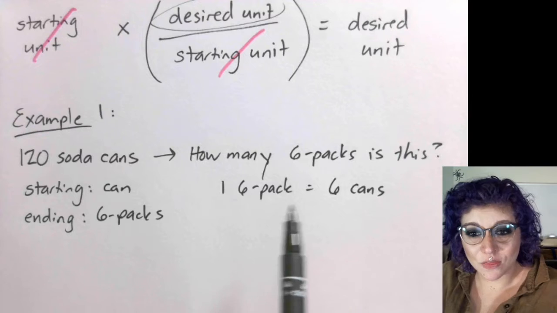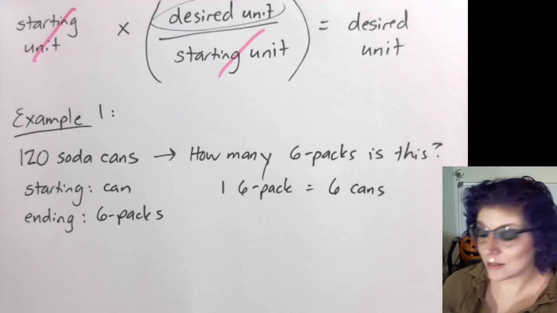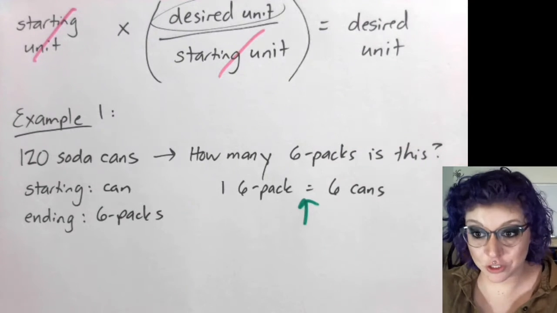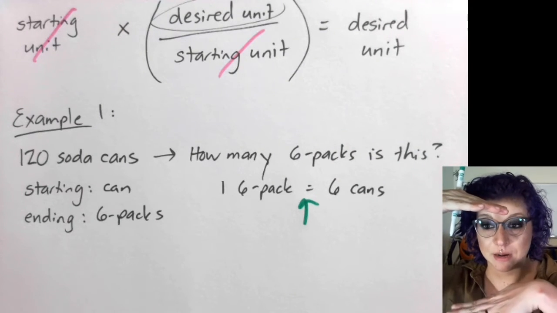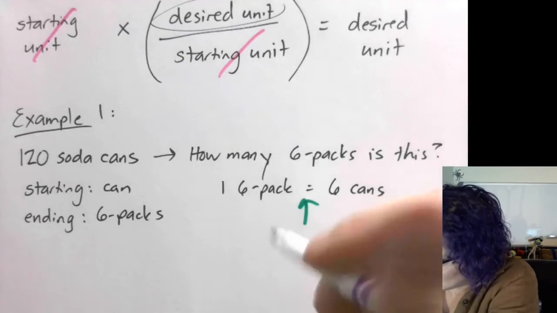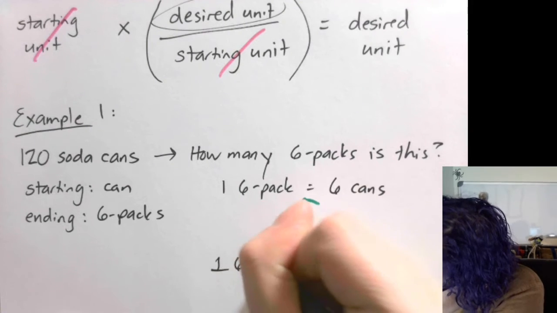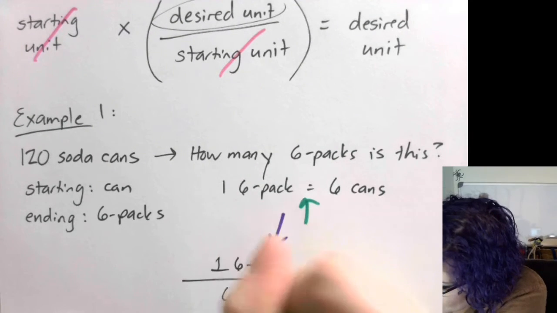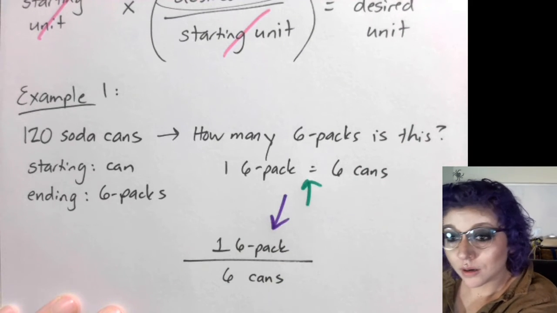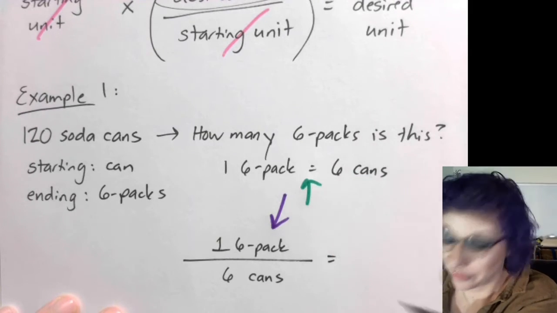I can write this right here as a fraction. The way my brain thinks of it is that this equal sign is like the fraction bar between the numerator and the denominator. So I can write this as 1 6-pack has 6 cans, or I can write it flip-flopped, and they mean the exact same thing.